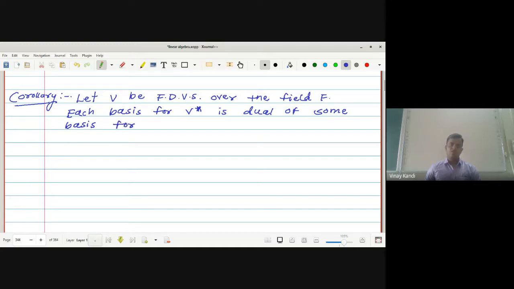That is, each basis of this vector space V star, suppose B star is equal to f1, f2 up to fn, is a basis for V star.